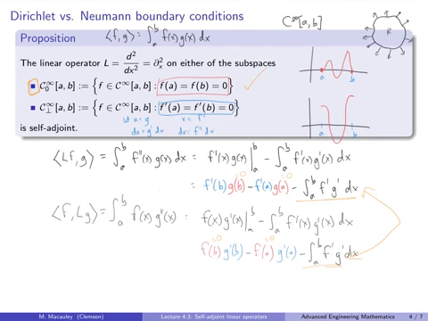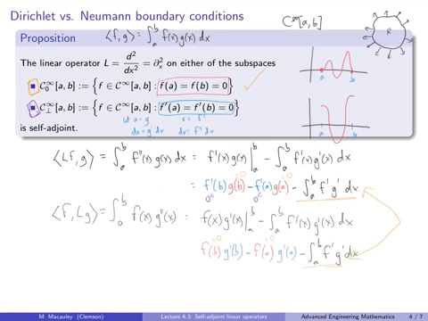So in that case, L is self-adjoint. Now for the second one, not much is different. It's just now that instead of g of b and g of a being equal to 0, so let me box this in purple, now f prime of b is equal to 0 and f prime of a is 0.